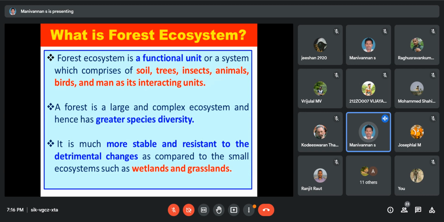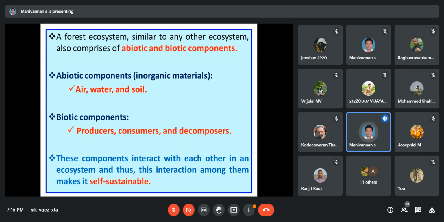As already told, any ecosystem contains two components: the biotic component and the abiotic component. The biotic component mainly contains plants, animals, and microbes.